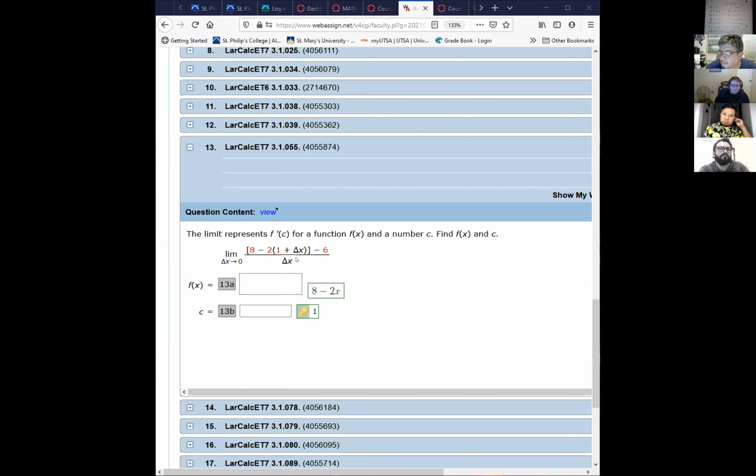Remember how on the notes we used f of x plus h? This is their h. That's all this is. They're using a different notation. Let me see if I have my book on me. It's 3.1, so I can show you what notation they're using.